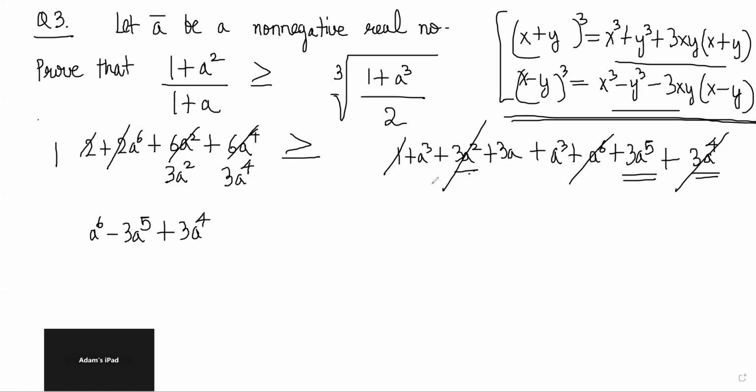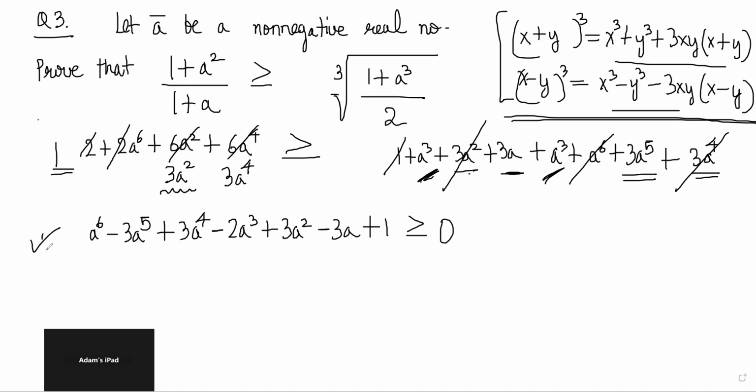Notice that there is a cube and a cube here, so minus 2a^3. There is a plus 3a^2 here, and then a 3a here, and then a plus 1. This is the sequence that we are getting, right?